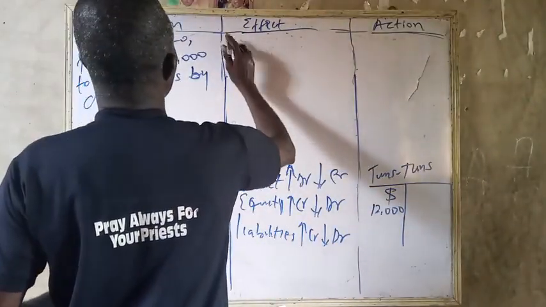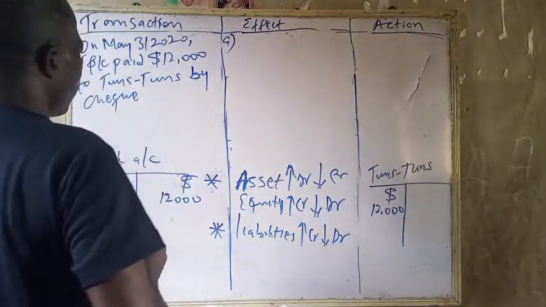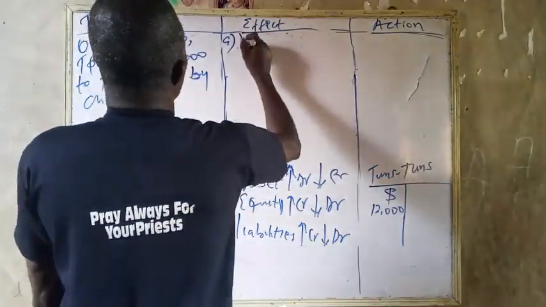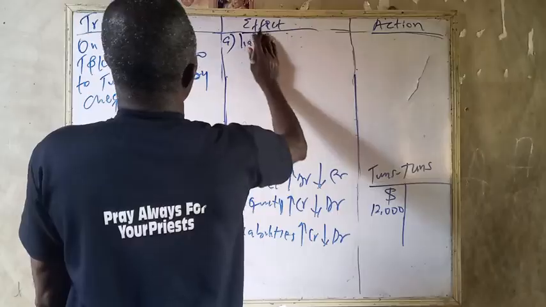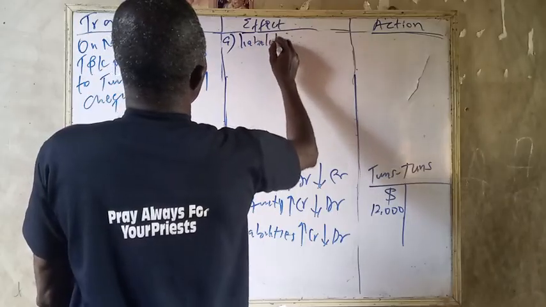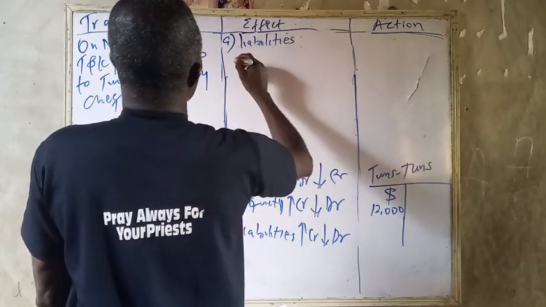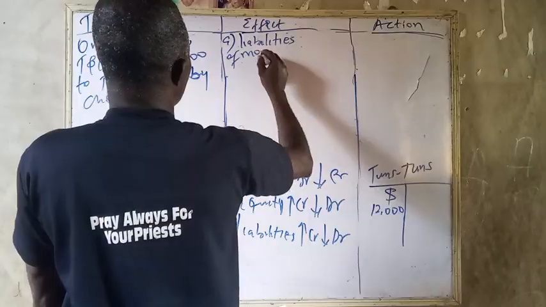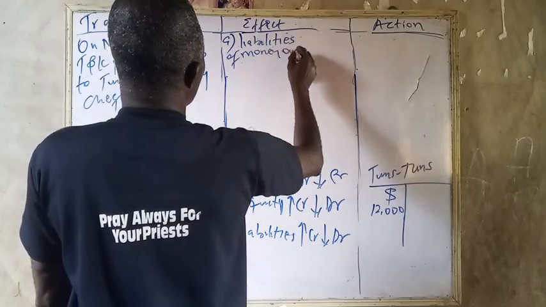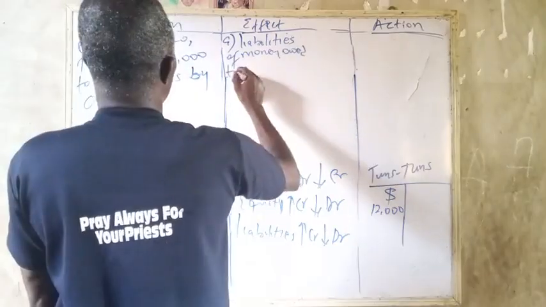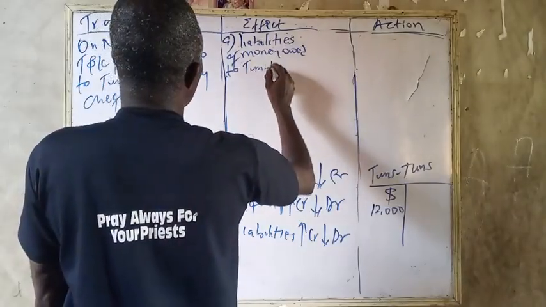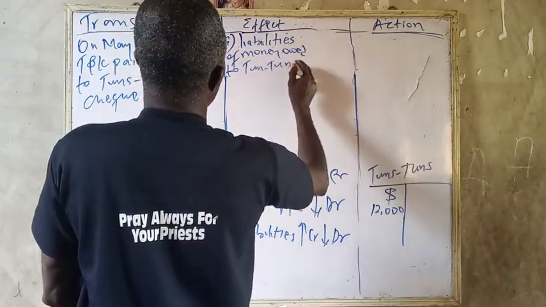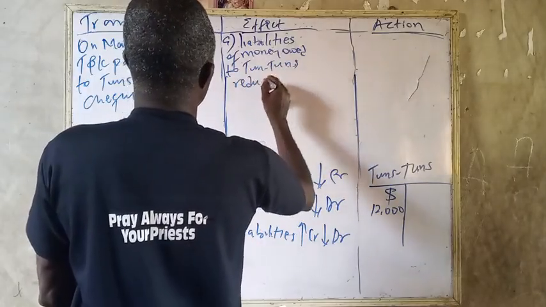Okay. The effect now is what? What is effect A? To debit. The liabilities of money owed to Toonstones reduced.